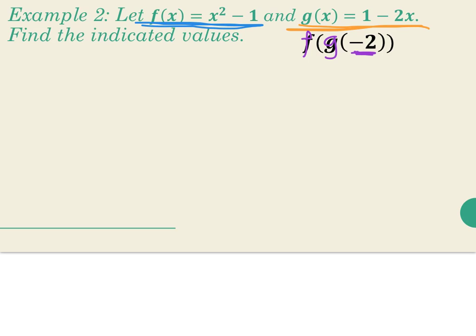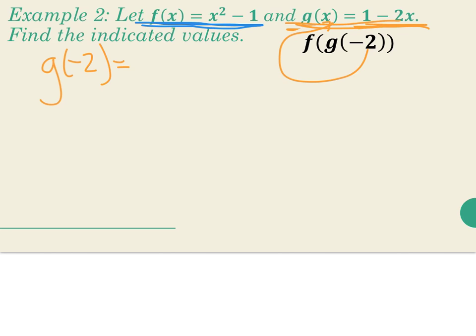So the first thing is it's inside this whole mess. It's inside my g right now. So I want to figure out when it breaks through g what it's going to become. So I'm going to plug -2 into my g function. That's the one that's inside right now. So I'm going to take g of -2, because that's what it says.